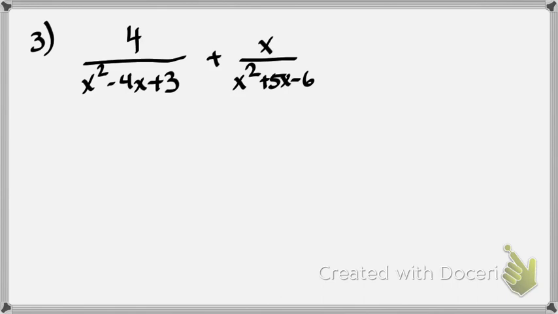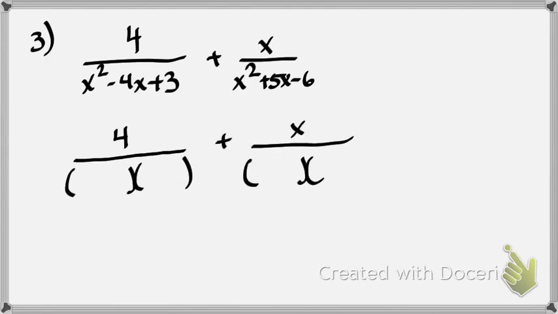Okay? And so in order to figure out what factors are on bottom, we will need to factor the denominators of both sides. So if you remember, we've done this a lot, but we're trying to figure out what multiplies to the last term and adds up to the middle term.